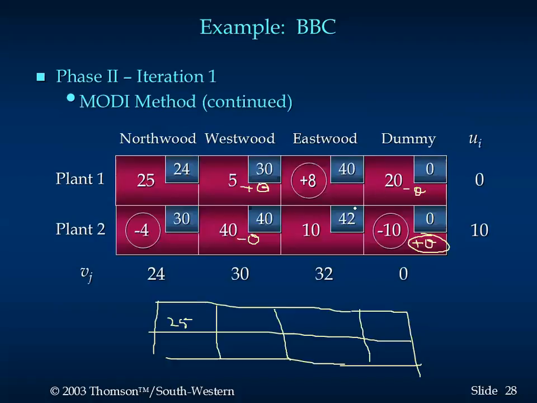So 5 plus 20 is 25 here, and 40 minus 20 is 20 here. This remains 0, this is 0, this is 10, and this is 20. Actually, I should circle these. I prefer circling because otherwise people can get confused.